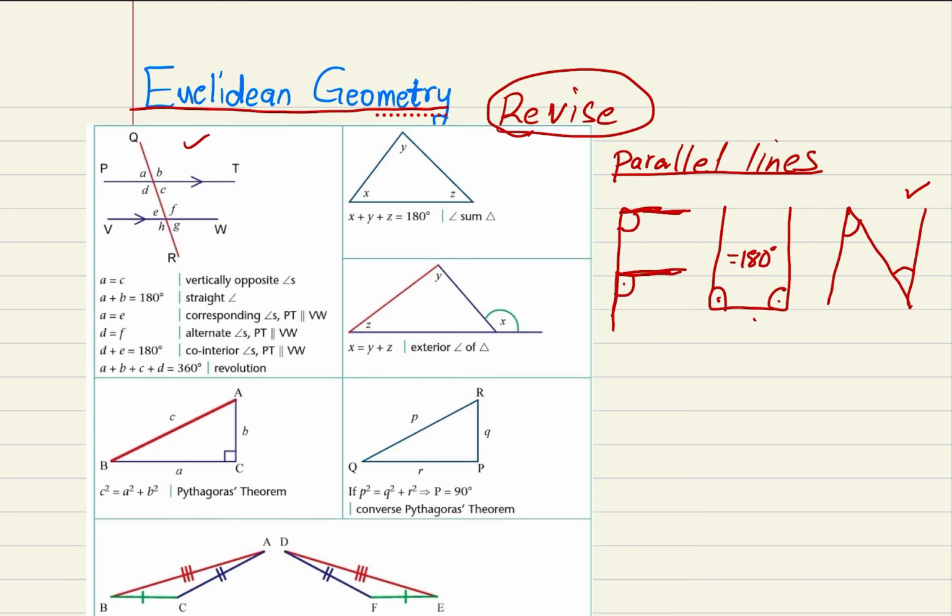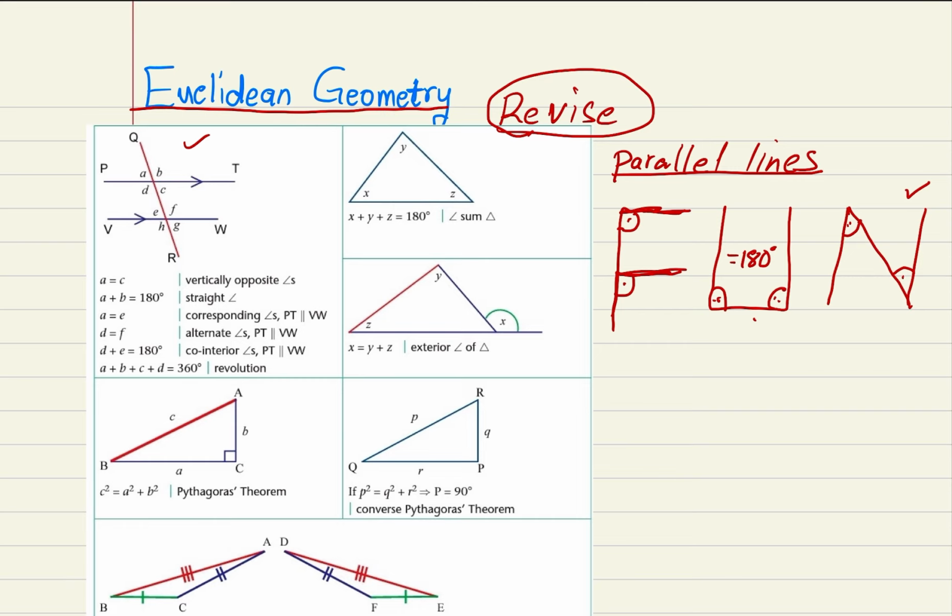These ones are corresponding angles, and these ones are co-interior angles, and these ones now are alternate angles. Make sure that whenever you do these, you remember that there is something called parallel lines. They cannot correspond unless they are parallel lines, so you need to list the parallel lines.